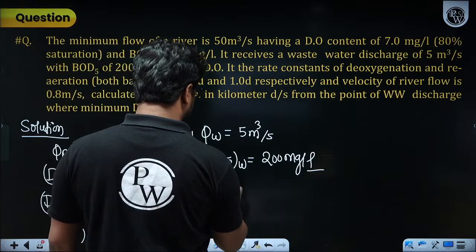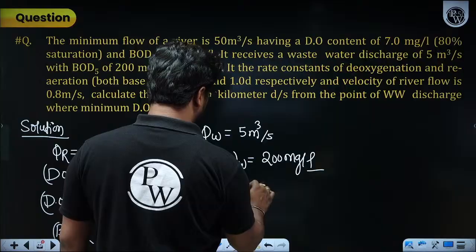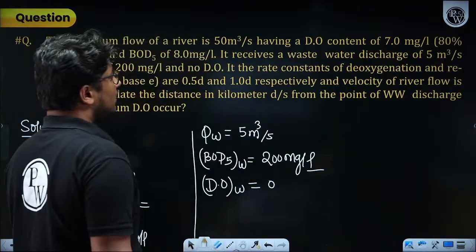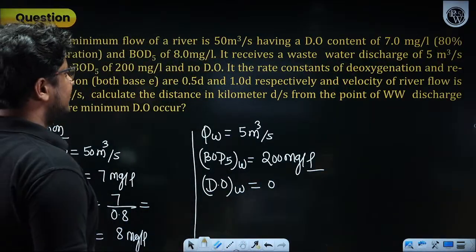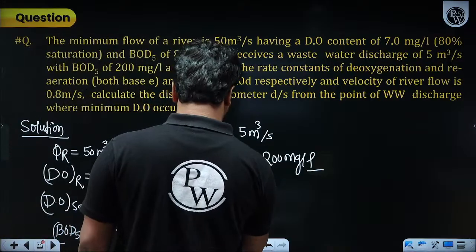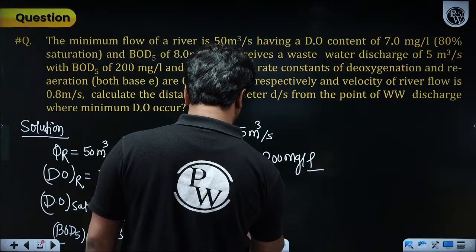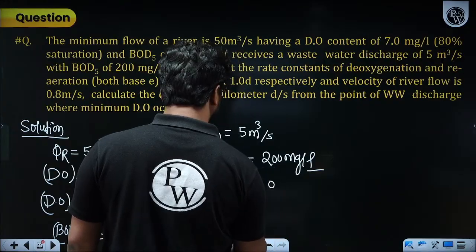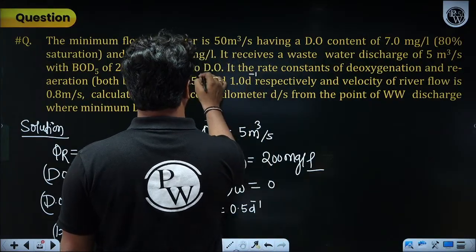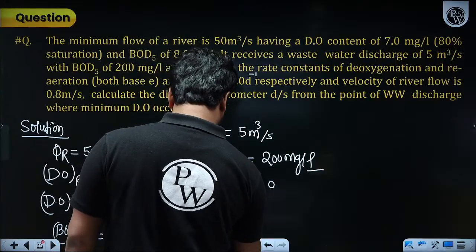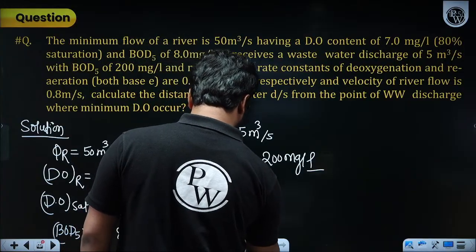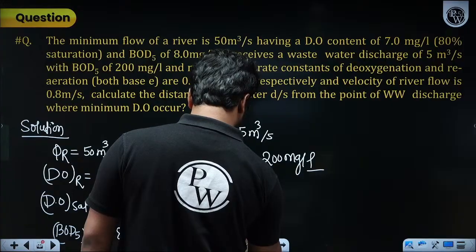The dissolved oxygen content of the wastewater is completely zero. The rate constant of deoxygenation, that means K1, is 0.5 per day, and K2 will be 1 per day.